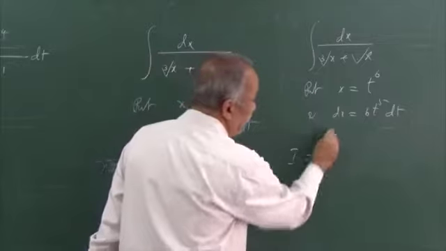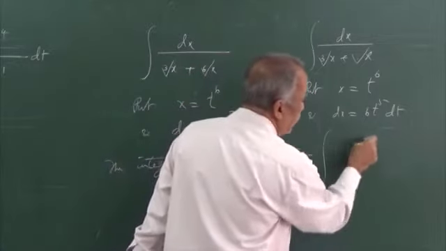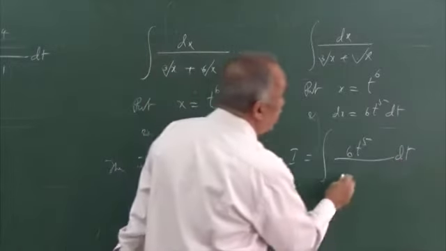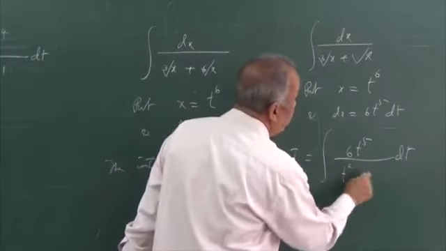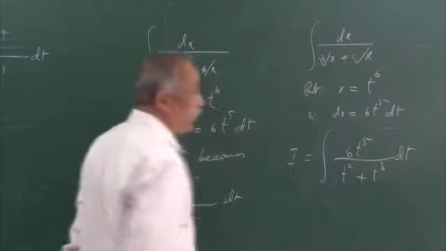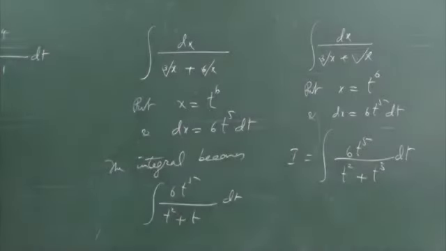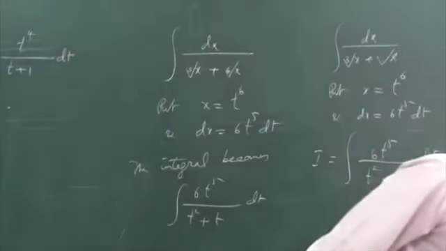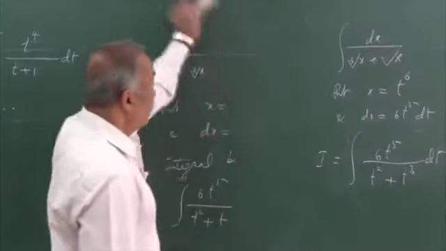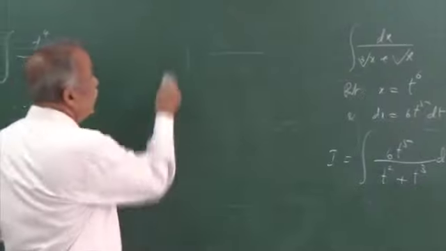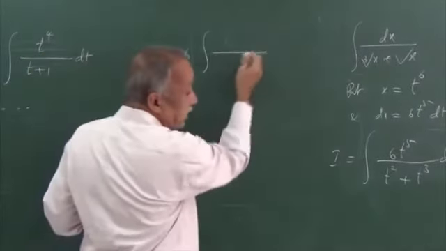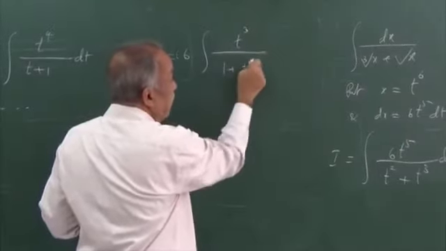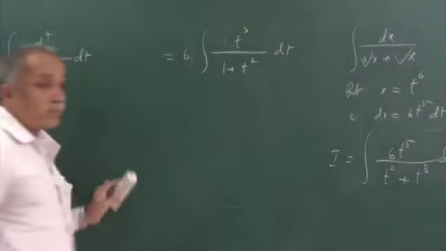Integral has taken the form 6t to the power 5 divided by cube root x is t square and square root x is t cube. Again we find certain things common to numerator and denominator. On removal of those common factors, you are getting 6 into integral t to the power 3 divided by 1 plus t square dt.